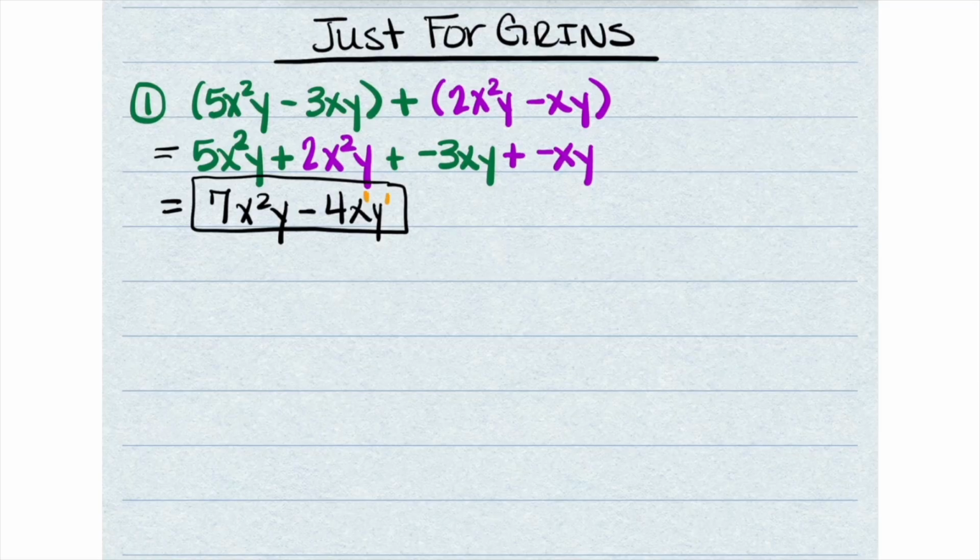These are understood ones here. This by itself has a degree of 2. This has a degree of 3, which is the largest term. So the entire binomial, because there's 2 terms, has a degree of 3. Cool beans?